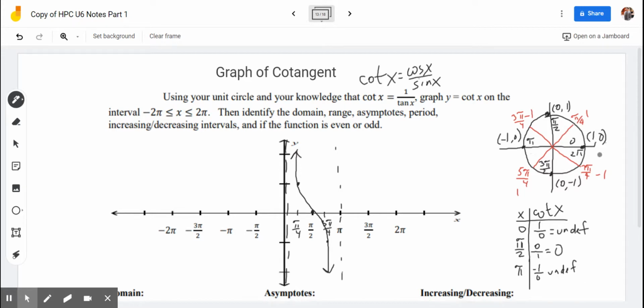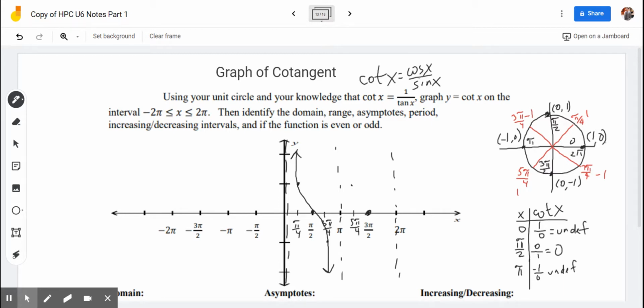And if we were to continue filling in the values to 2 pi, we know that at 2 pi, it would be undefined as well. At 3 pi over 2, it's going to be 0, because again, 0 over negative 1. At 5 pi over 4, we'll be at 1.